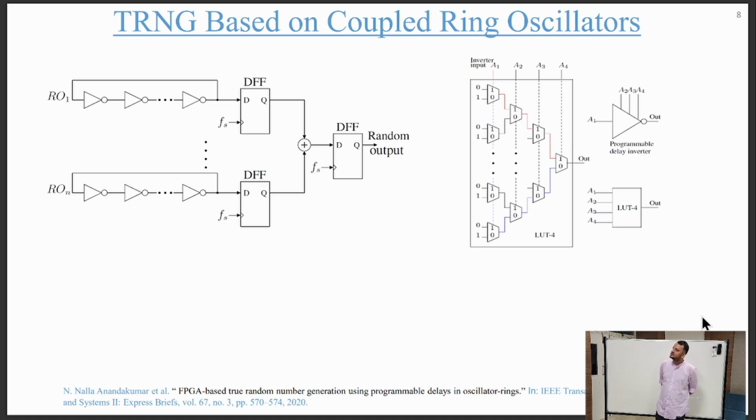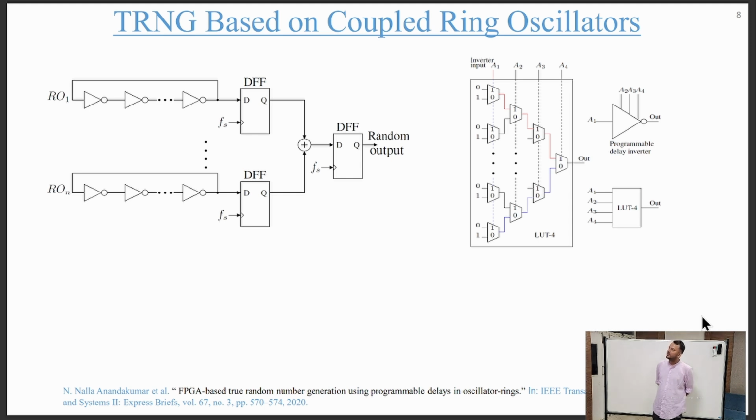Another class is based on coupled ring oscillators. In this, multiple ring oscillators are used to extract jitter events from each other, and extra randomness is added by XORing all of them at the same time. This uncertainty helps us generate a good quality random sequence.